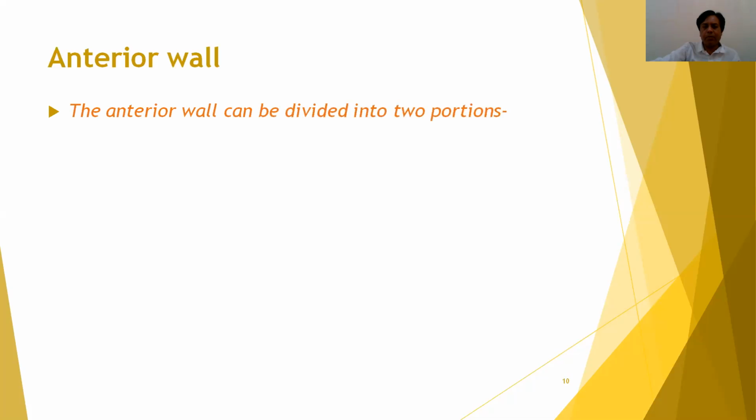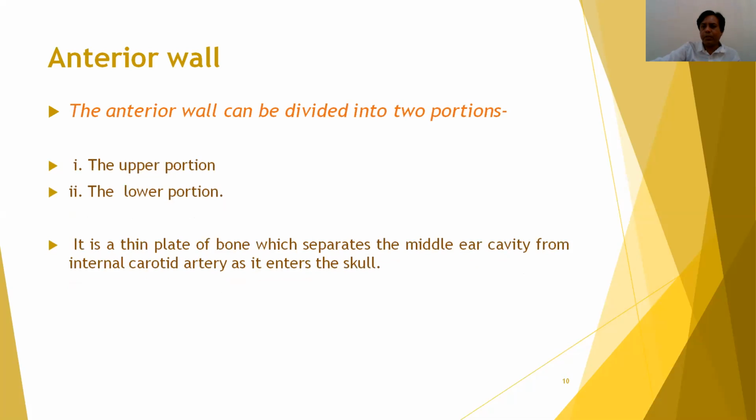Then coming to anterior wall. The anterior wall can be divided into two portions, the upper portion and the lower portion. It has a thin plate of bone which separates the middle ear cavity from internal carotid artery as it enters the skull.